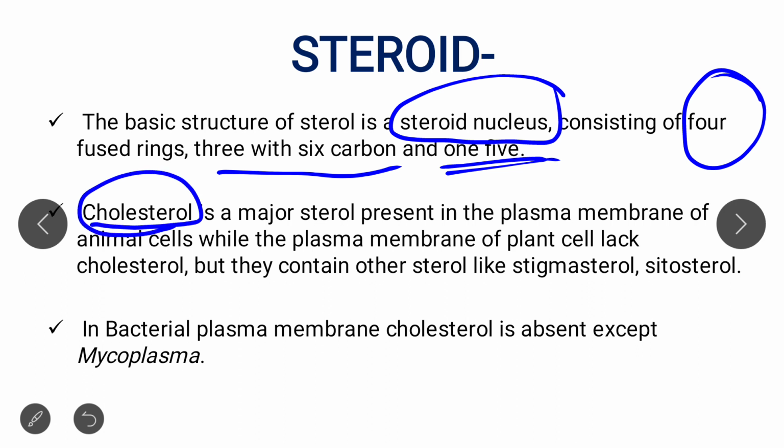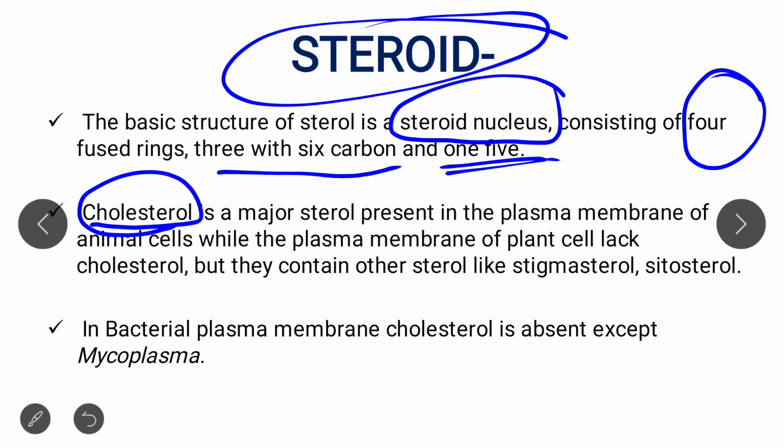Cholesterol is the major steroid which is found exclusively in the plasma membrane of animal cells.